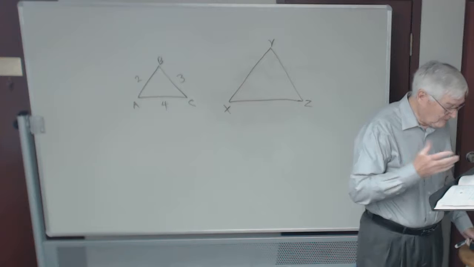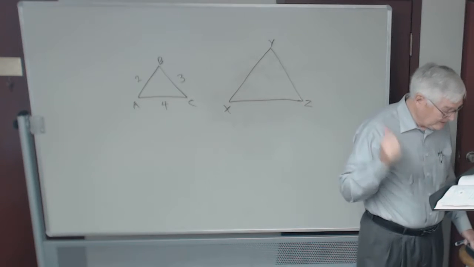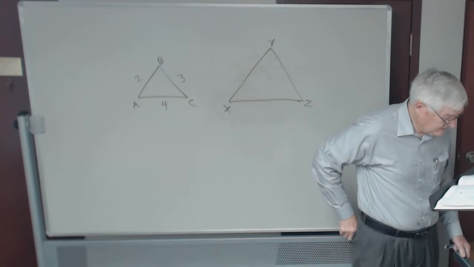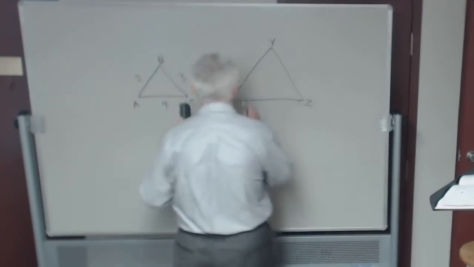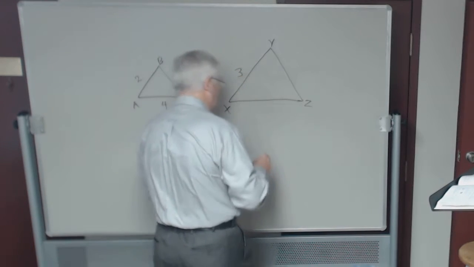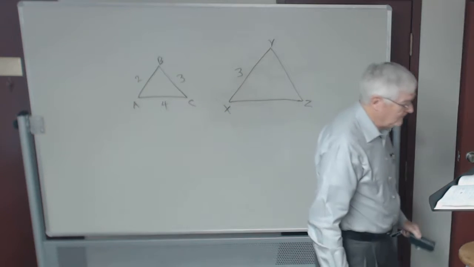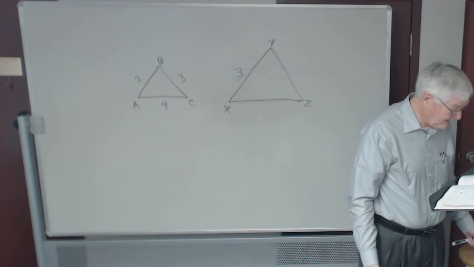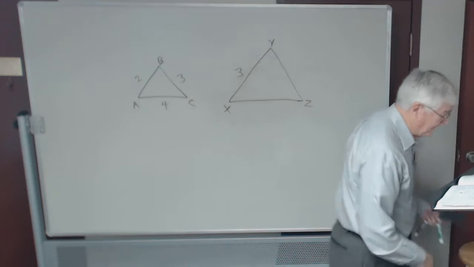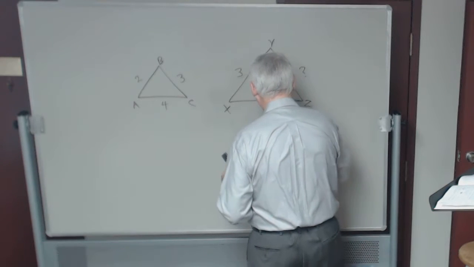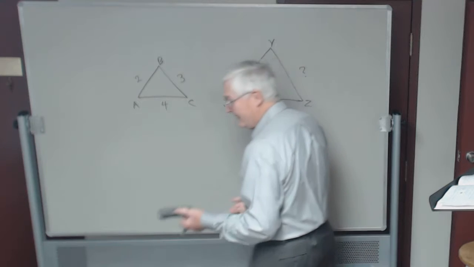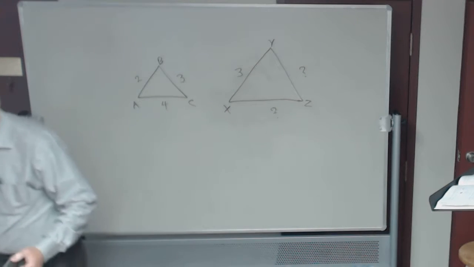See how when you just go from all that verbiage to a picture, it starts to make sense. And XY is 3. Okay. Find YZ and XZ. Well, how in the world do I do that?